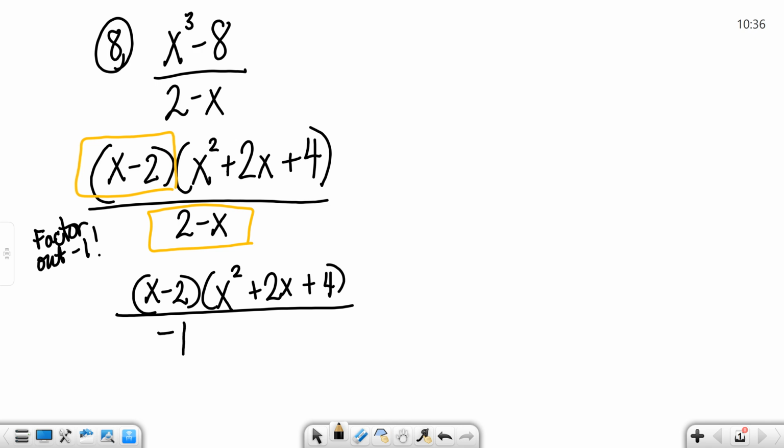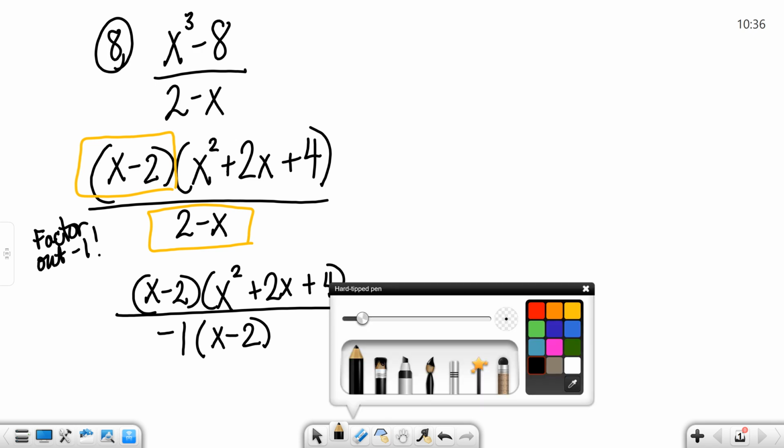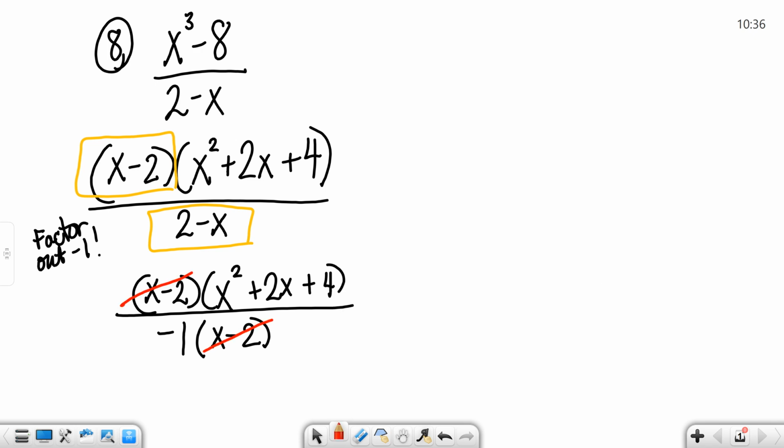And in my denominator, I factor out a -1, and then I'm able to write this the other direction because it does change the signs. It makes that a positive x and a -2. Now I have common factors that will divide out. And so my solution is x squared plus 2x plus 4 in the numerator, divided by -1.